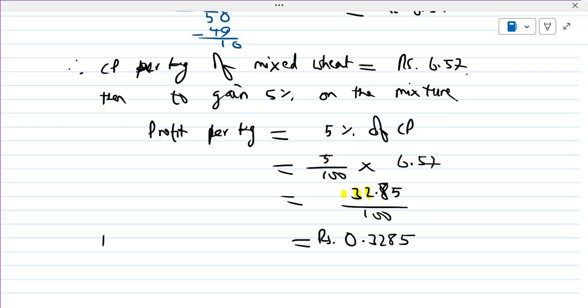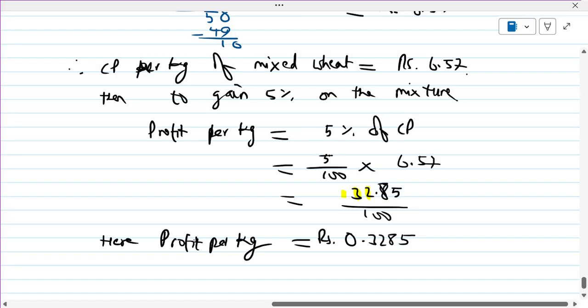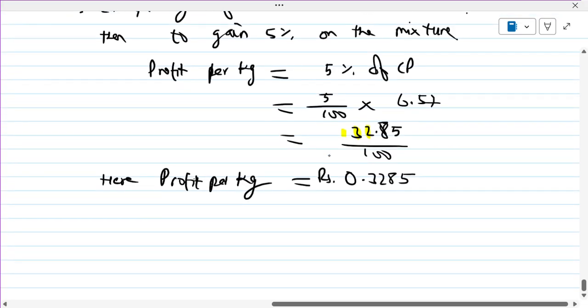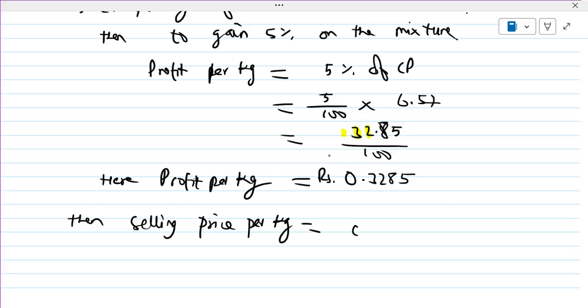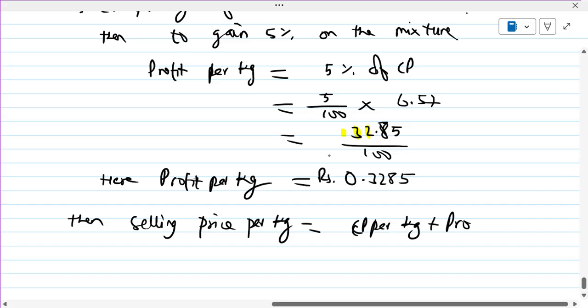So profit per kg is rupees 0.3285, and once we find the profit per kg, now we can find selling price per kg. Then selling price per kg equal to CP per kg, cost price per kg, plus profit per kg.